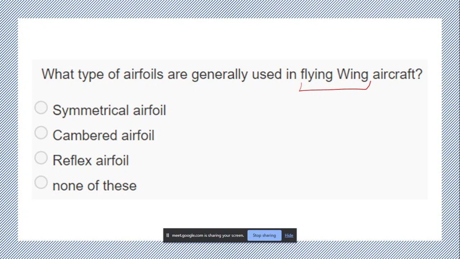When we discussed these airfoils, we discussed their pros and cons. You're right, a cambered airfoil produces lift at zero angle of attack and you get lift to take off. That is true, and traditional aircraft use a cambered airfoil for wings. But if it's just a wing, which has to deal with all of the control and the stability, what kind of airfoil would it be?